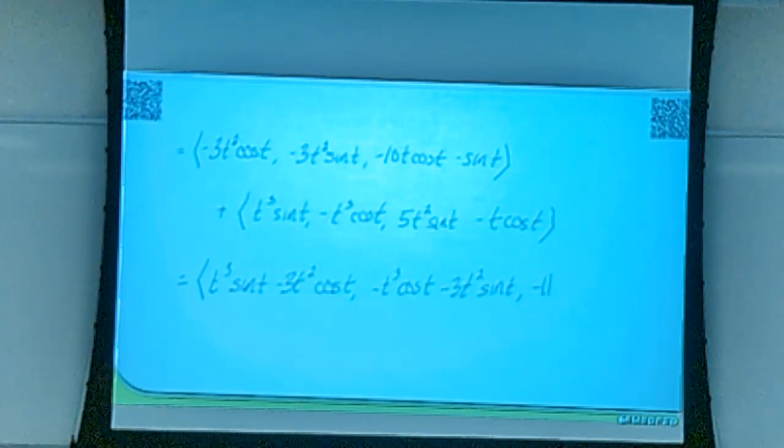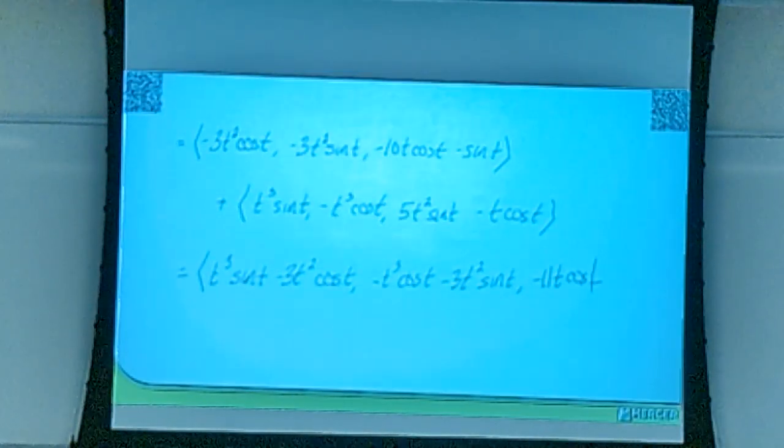Negative 11t cosine. Thank you for that.